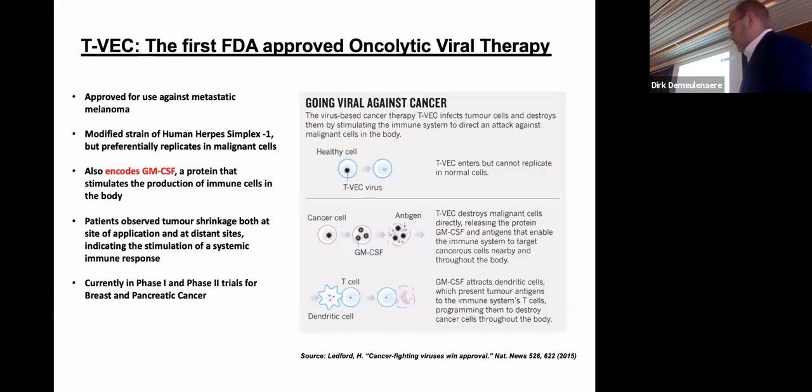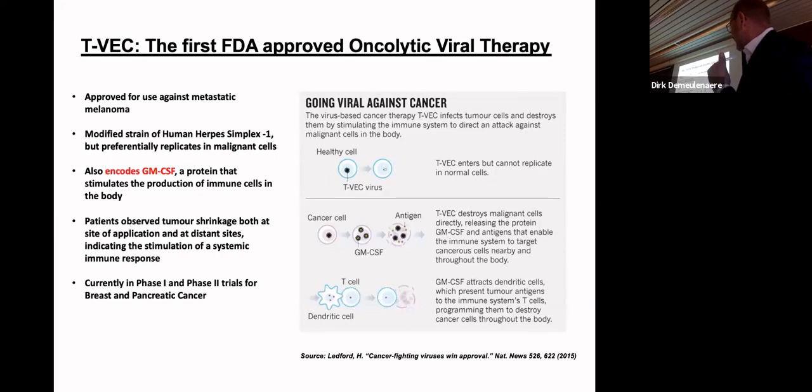Also, come back to this picture of Michelangelo. What is fascinating nowadays is that, based on the fundamental knowledge that you have of an immune response, you can build a virus that will induce the immune response that you want to develop. For example, there is T-VEC, which has been approved by the FDA.